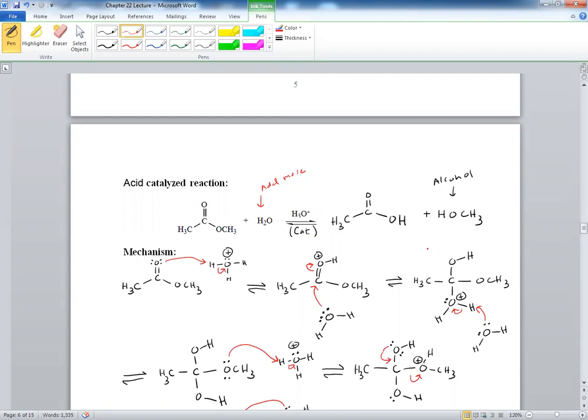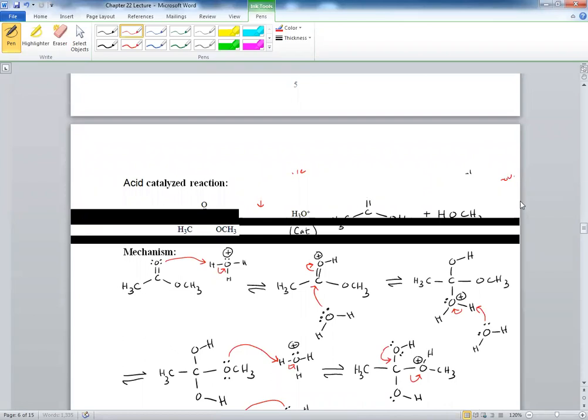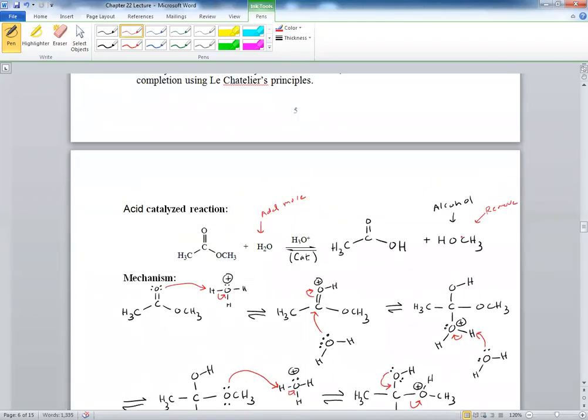If you also want to keep the reaction moving forward, you remove the alcohol. As you keep removing it, the other side has to work even harder to make more of the alcohol. That's the counter move to reestablish the equilibrium. That's what Le Chatelier's principle is saying here.